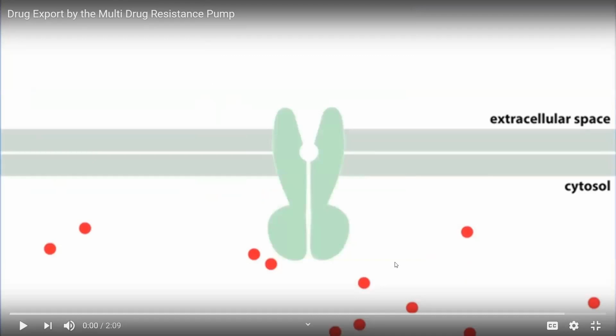Why was this protein so important? Well, it turns out that cancer cells overexpress it, and when cancer cells overexpress it, they take your therapeutic agents and pump them right out of the cell.